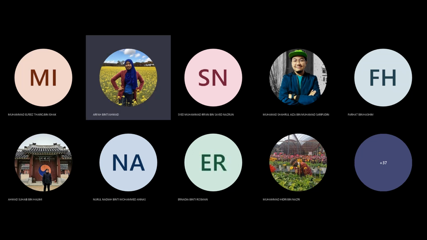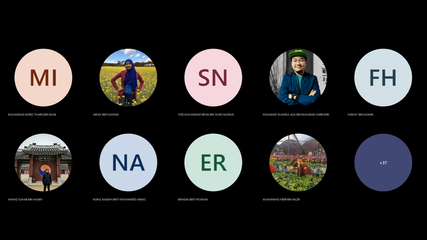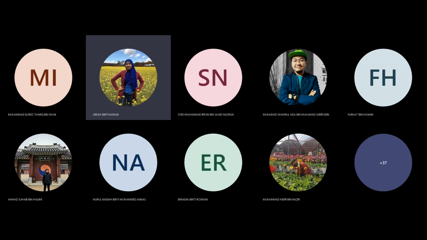Dia lebih kurang macam silinder lah, sebab dia ada bulatan dekat bawah sebenarnya. Kalau silinder, this one, X kuasa 2 tambah Z kuasa 2 sama dengan R kuasa 2. Itu sebenarnya equation untuk silinder.